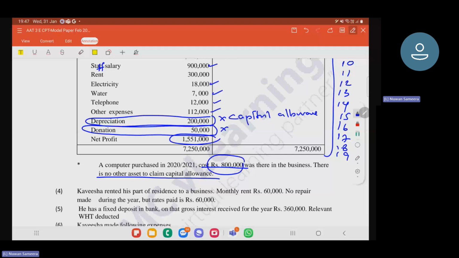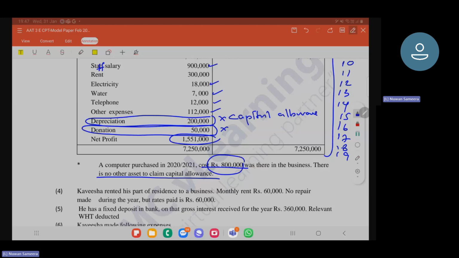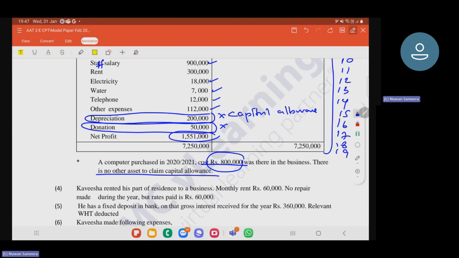When you calculate depreciation in accounting, there are some different methods: the reducing balance method, the straight line or cost on cost method, or the production unit method. There are a few. But in taxation, there is only one method; you have to use the straight line method. Also, there is another thing you have to keep in mind for tax purposes.